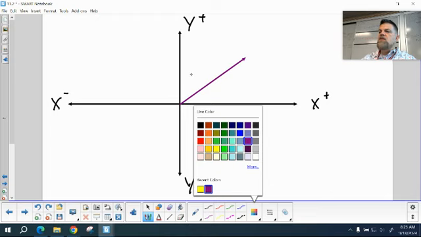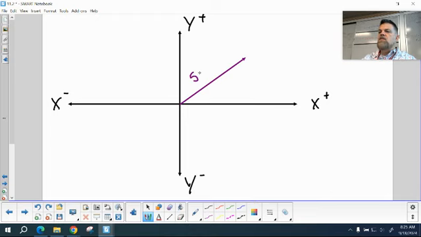Let's say the magnitude of this is 5 meters per second. So imagine this is like the ground. You have to think in terms of real life.